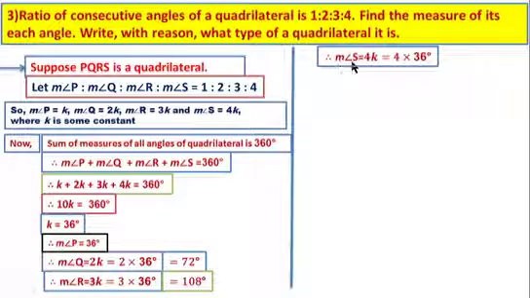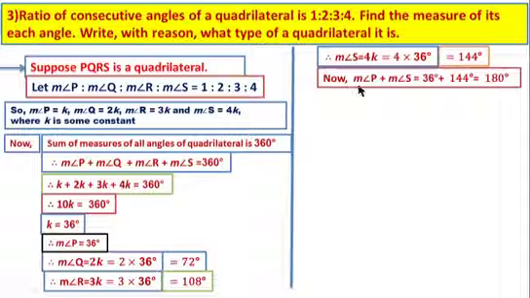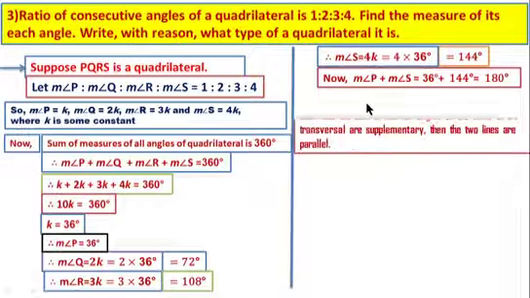Measure of angle S is equal to 4K is equal to 4 multiplied by 36 degree is equal to 144 degree. Now measure of angle P plus measure of angle S is equal to 36 degree plus 144 degree is equal to 180 degree.